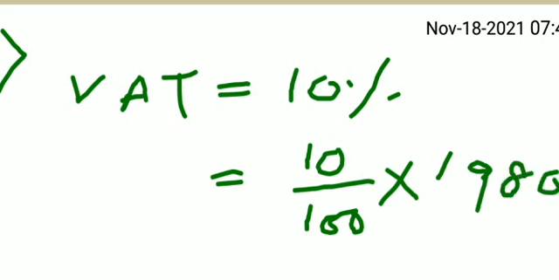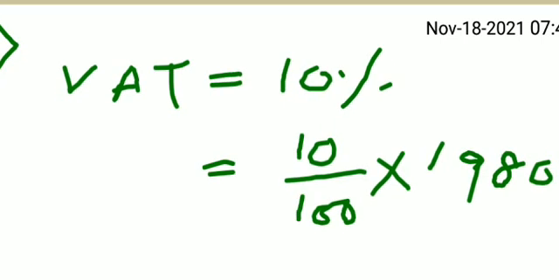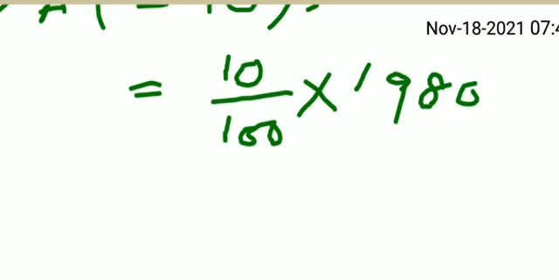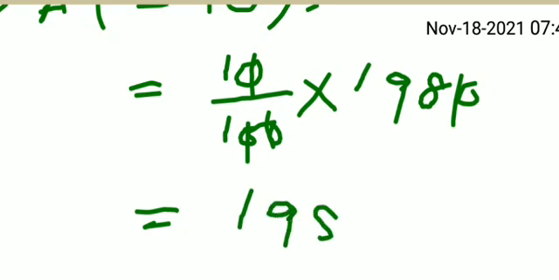Okay, students, we just calculate it. 0 cancels, this 0 also cancels, that means it will be 198 rupees.